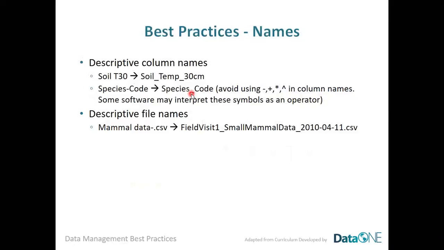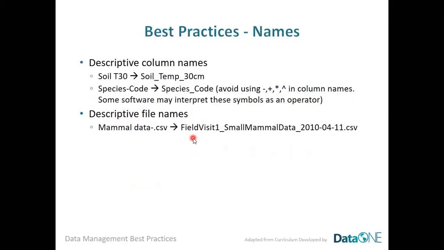And then descriptive file names. Mammal data .csv would be much more descriptively shown as field visit 1 underscore small mammal data underscore the date. And I wanted to point out this date format, which I'll talk about a little bit later.